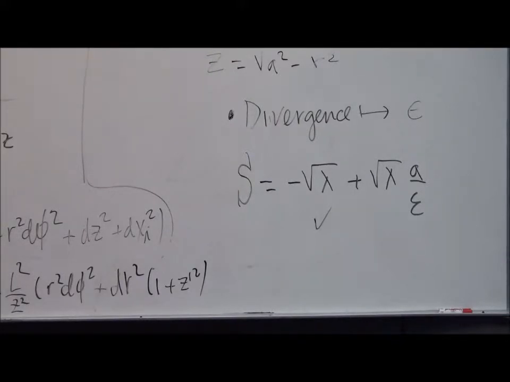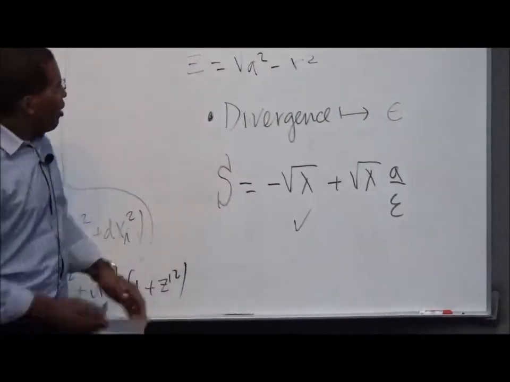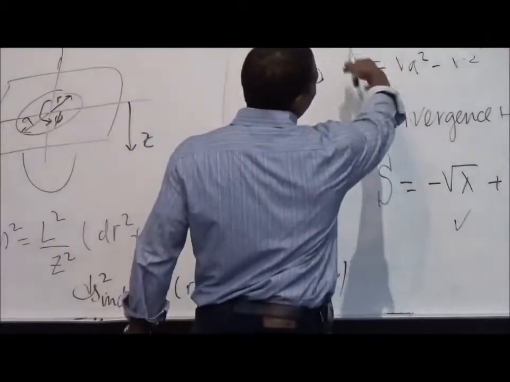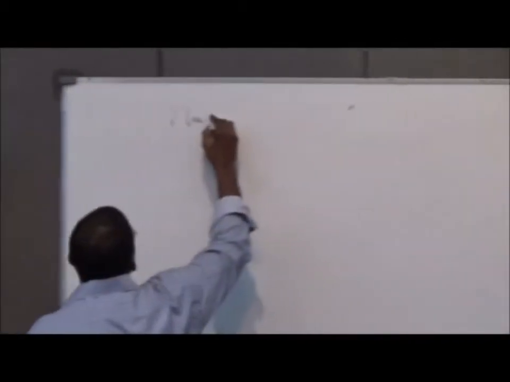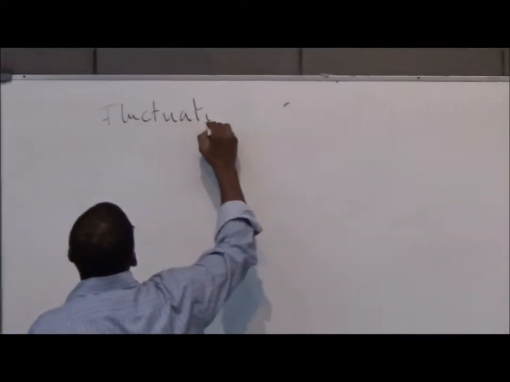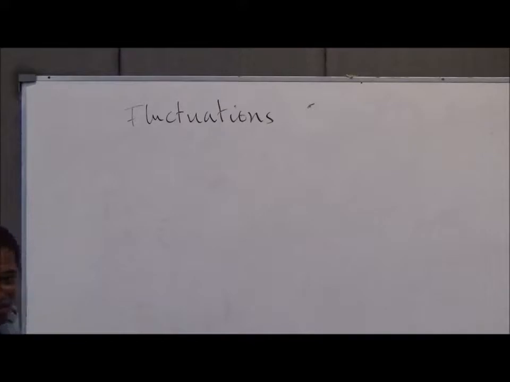So you compute the classical piece. This is the classical piece. And now I'm going to expand around this solution. I have to expand and include the fluctuations. So now we do fluctuations. And then, of course, I integrate those fluctuations. That's what semi-classical analysis is about.